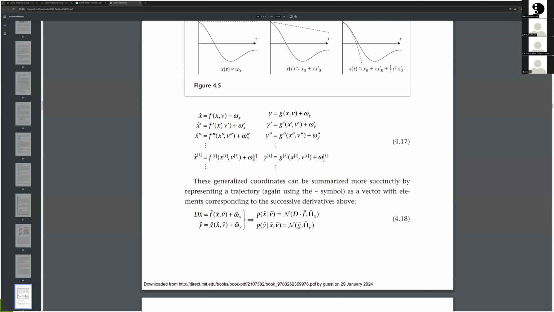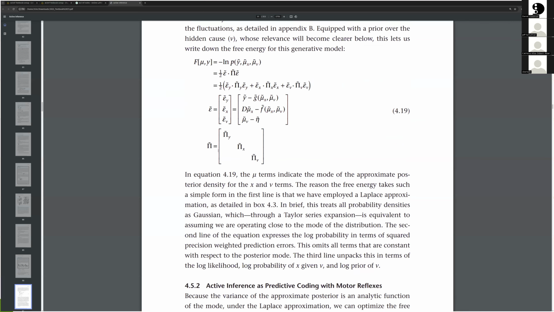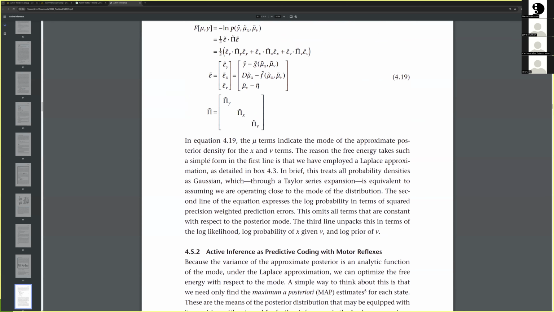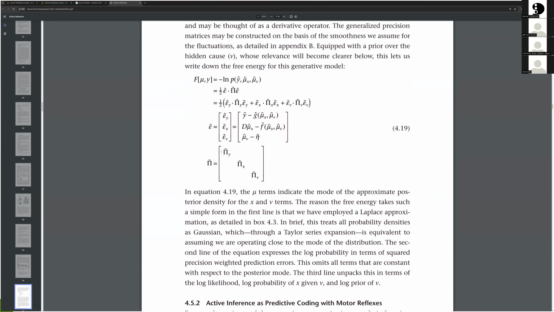So these are derivatives, first, second, etc. derivatives. And again, in the classic hierarchical predictive processing scheme, that's where the precision comes into play.